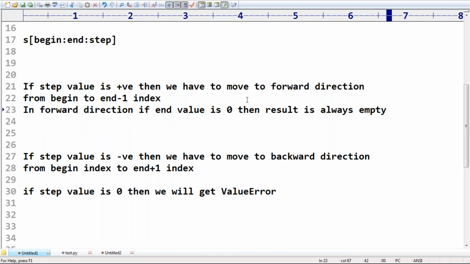Remember this one. So in the forward direction, your end value should not be 0.